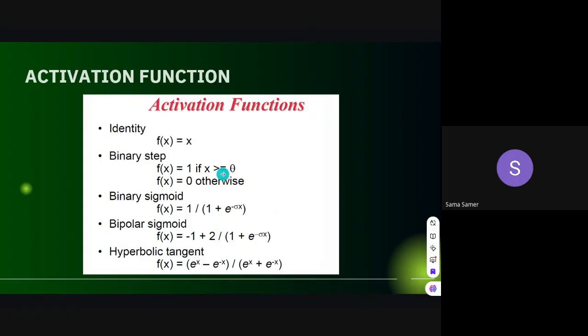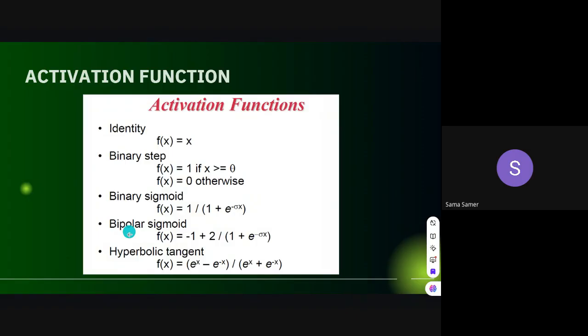So if x is bigger than or equal to our threshold, which is the summation of the input values, the output is 1, and it's 0 otherwise, which is when it's smaller than the threshold that we have here. Then we have the sigmoid function that we have talked about earlier, which is 1 over 1 plus e to the power of minus sigma x.